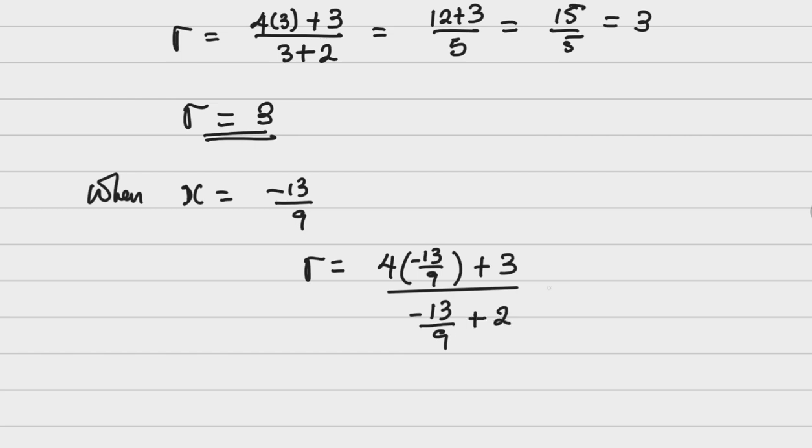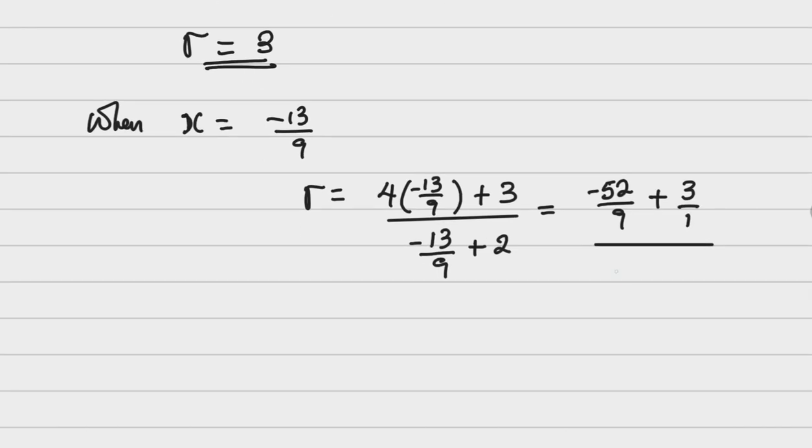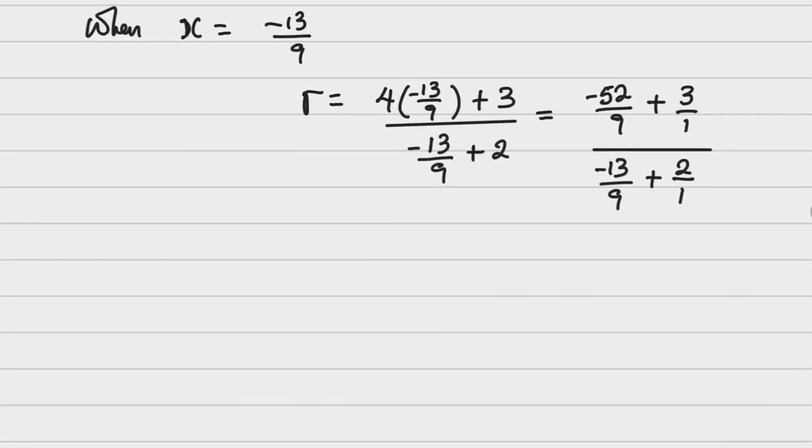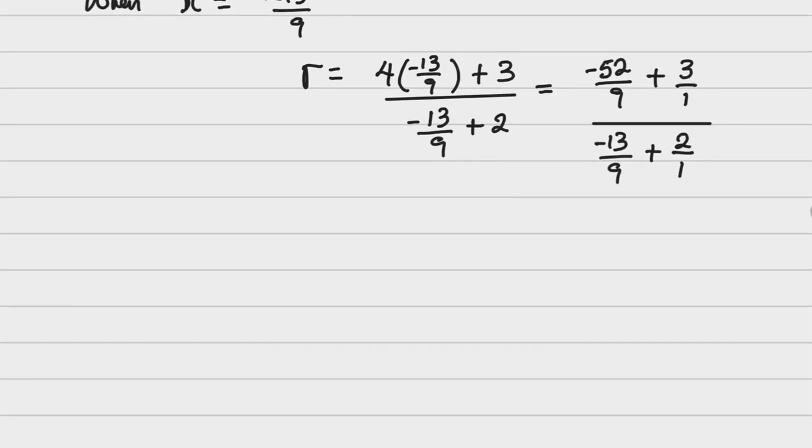This is what I have. So we'll continue. This is going to be minus 52 over 9 plus 3. I can put it over 1 if I wish. Then all over, here I'm going to have minus 13 over 9, then plus, if I wish, 2 over 1, just to make it easier for me to do this calculation.